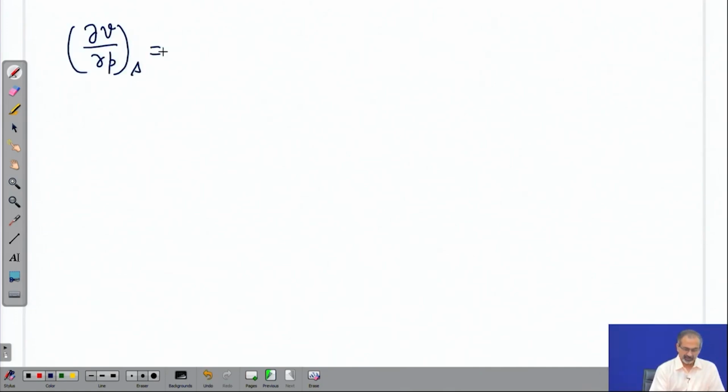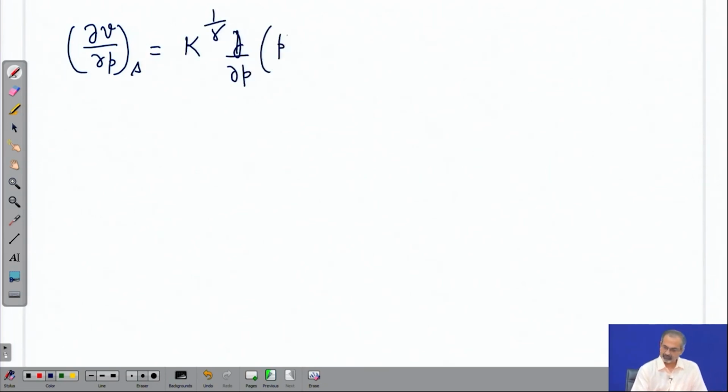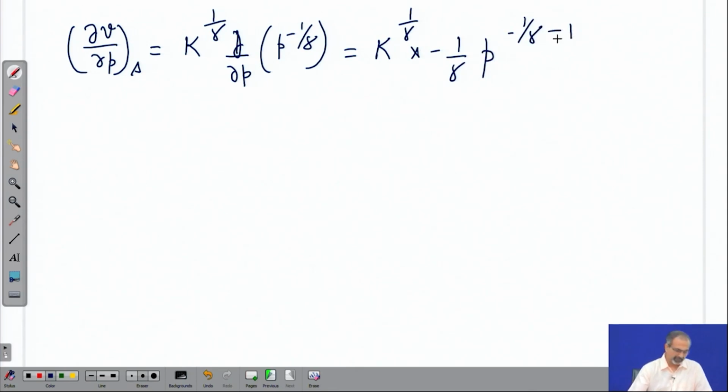for constant entropy, what does it work out to be? So, when you take the derivative, this derivative will come out to be minus 1 by gamma P to the power of minus 1 by gamma minus 1.